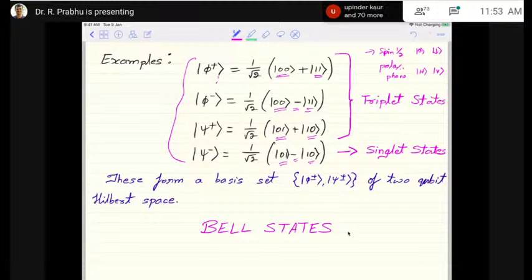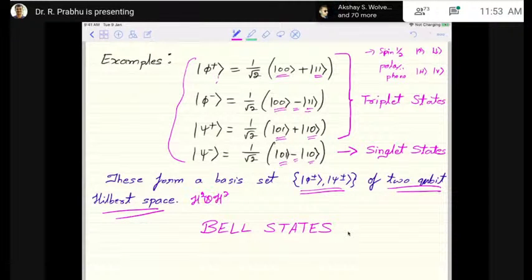Therefore orthonormality is always satisfied. So this set of four different 2-qubit states that I have written here forms an orthonormal basis set, and these basis states belong to the 2-qubit Hilbert space, which is given as H2 tensor H2.